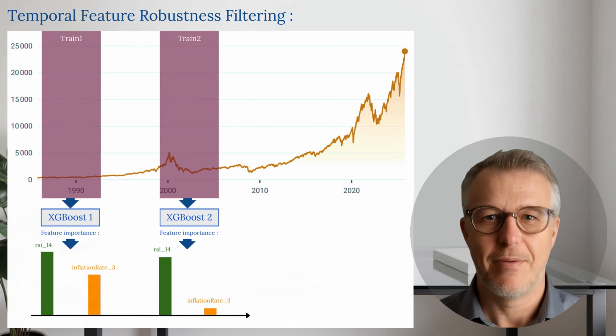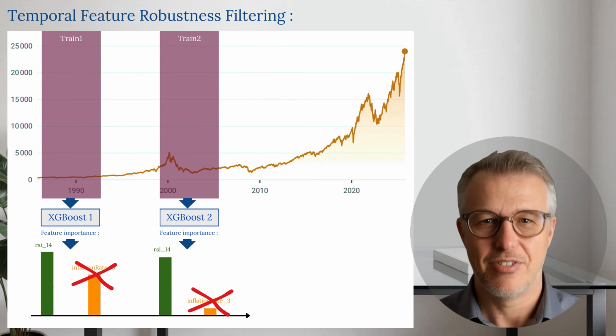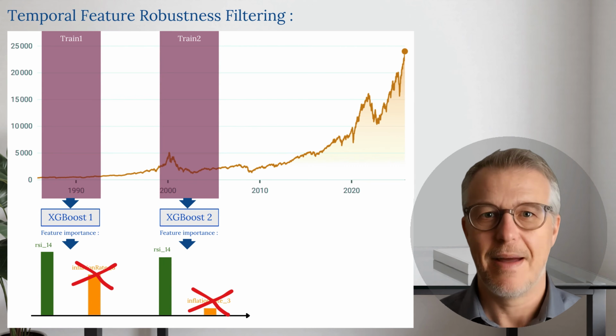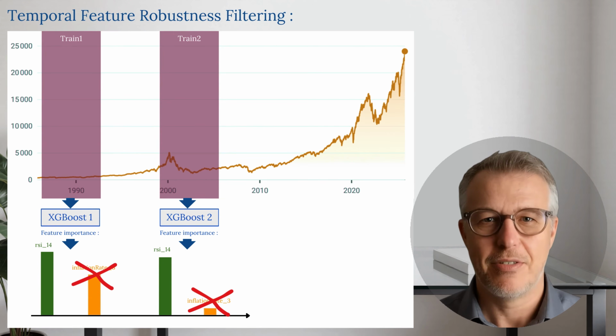Then, we train separate models on each segment and analyze the mean and standard deviation of feature importance across these models. Features showing a high standard deviation can then be removed because this indicates that the model may have overfitted on features that don't retain their predictive power over time.